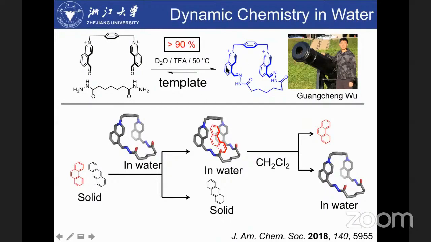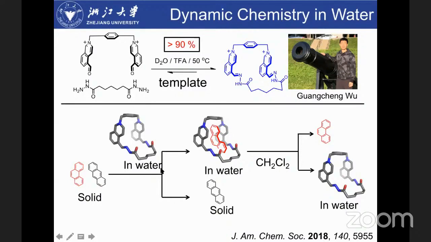Remember, this macrocycle is soluble in water, and we can use it to do host-guest chemistry. And this phenanthrene is not water soluble. Anthracene is also not water soluble, and this solid can be suspended in water. We use this macrocycle to solubilize the solution.